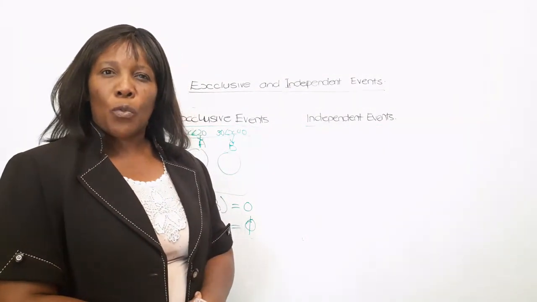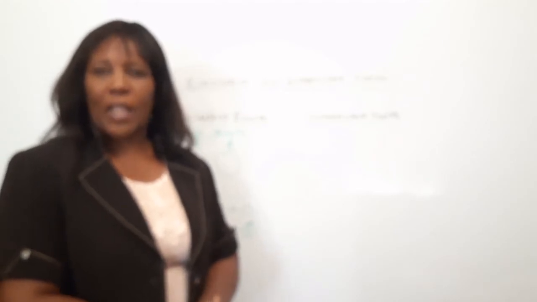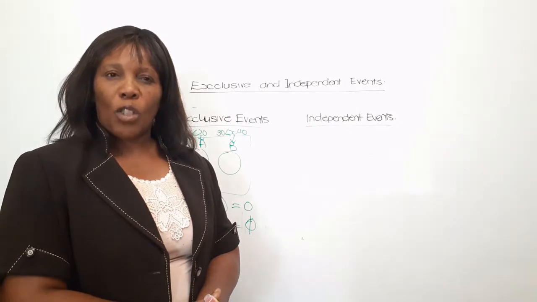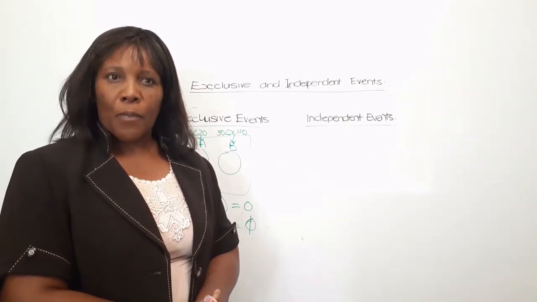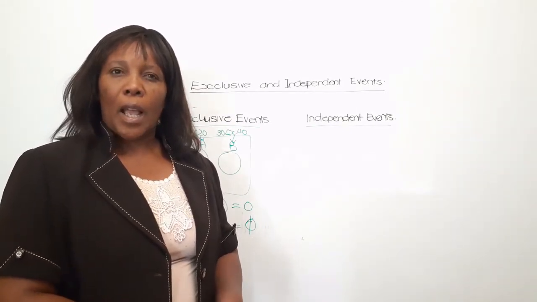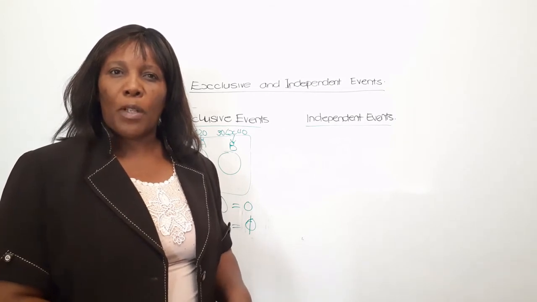Then we go to the rule that you are supposed to remember for IGCSE, or if you are writing ZIMSEC. Independent events are events that do not affect each other. Their occurrence does not affect each other. So each event can happen irrespective of what happened with the other.